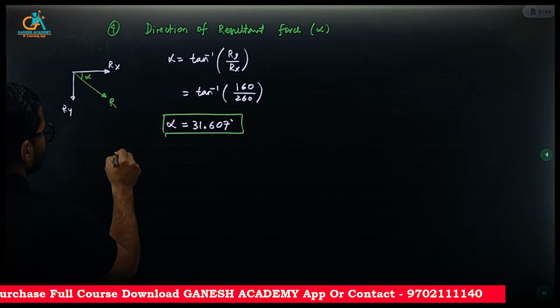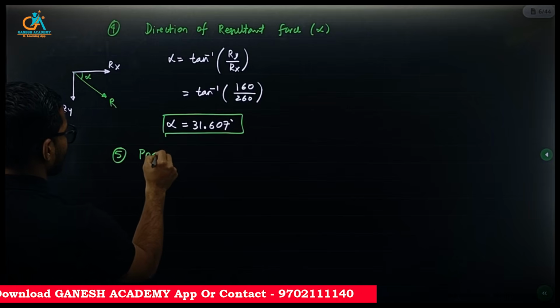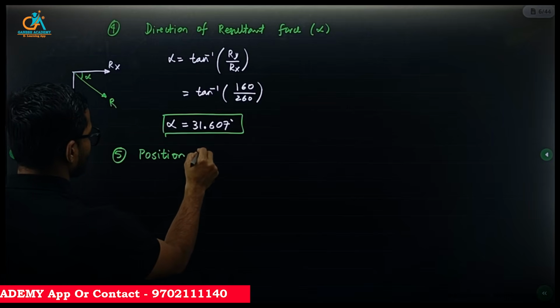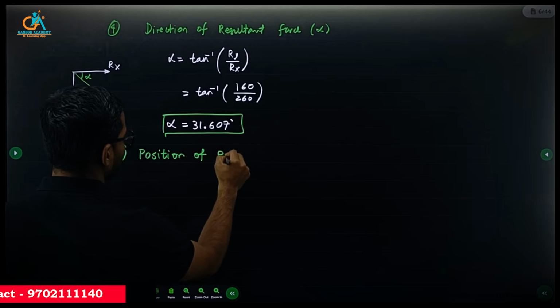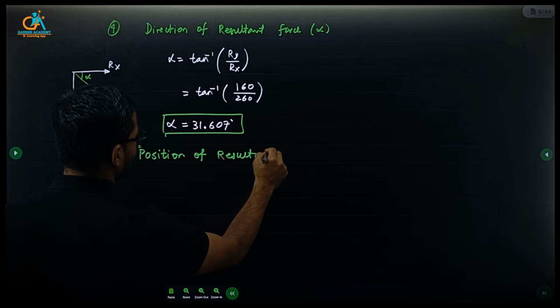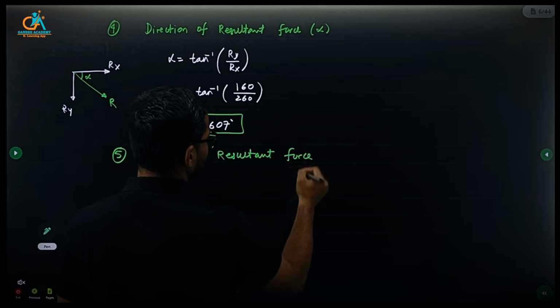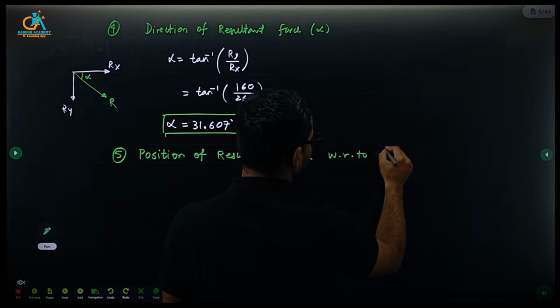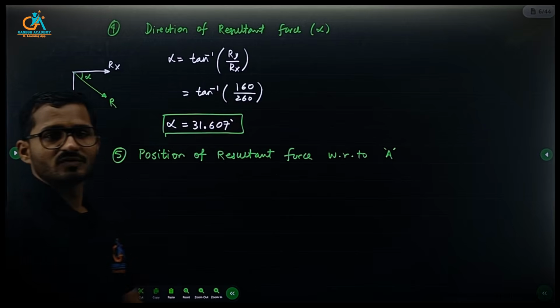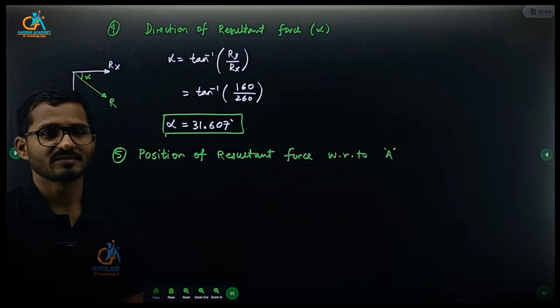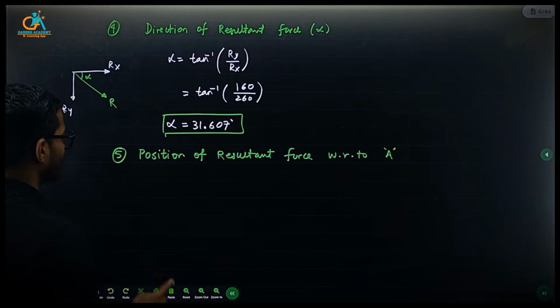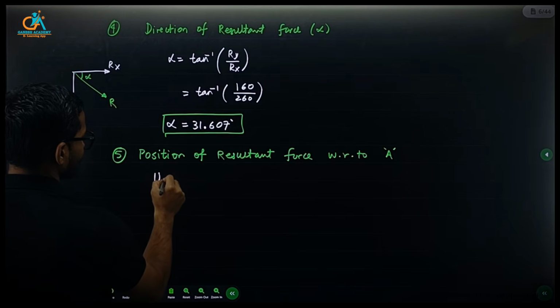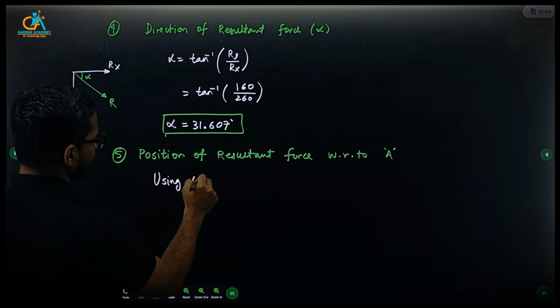Yes. So next is the position of the resultant force with respect to A. How do we find it? We have one theorem, Varignon's theorem. Using Varignon's theorem we can find the distance.